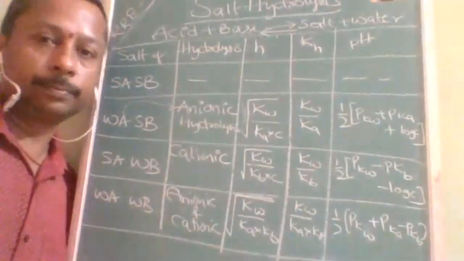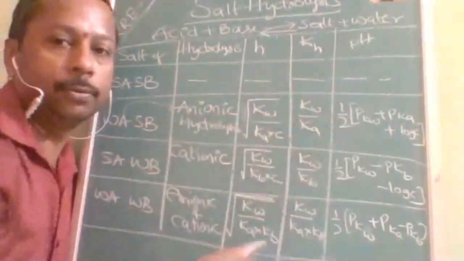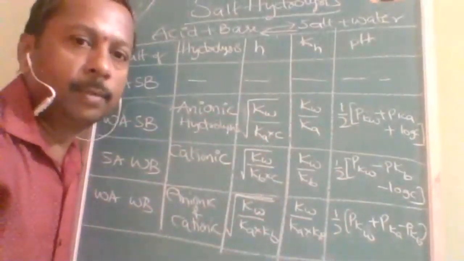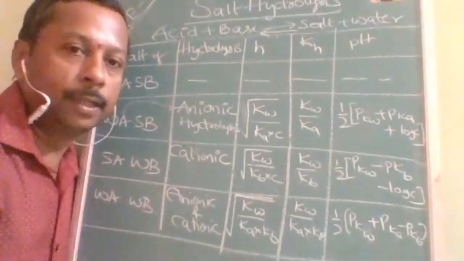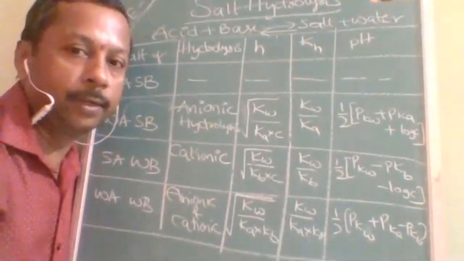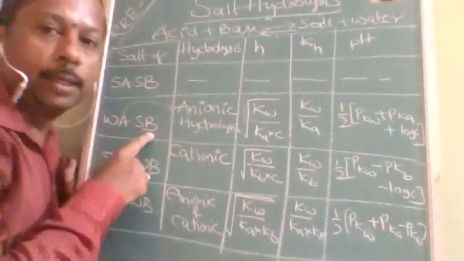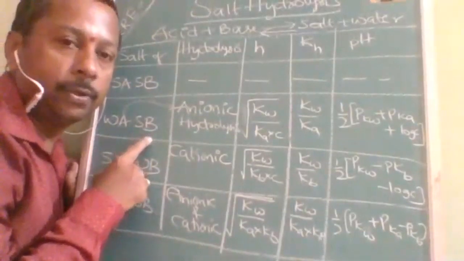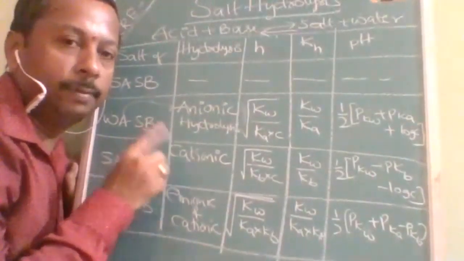Is it understood? Now comes a memory technique to remember pH also. More formulas, more confusion, less marks. But with tricks, more formulas, more tricks, more marks, more accuracy. See here, weak acid and strong base. So the base is strong, so pH will be more than 7. More than 7 means plus.